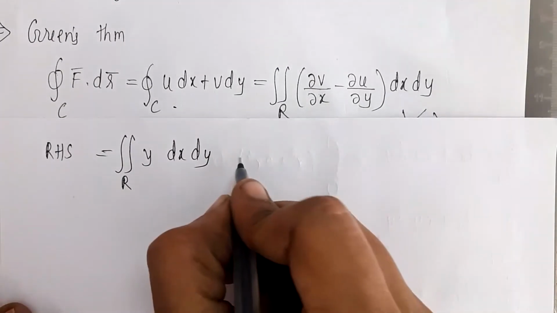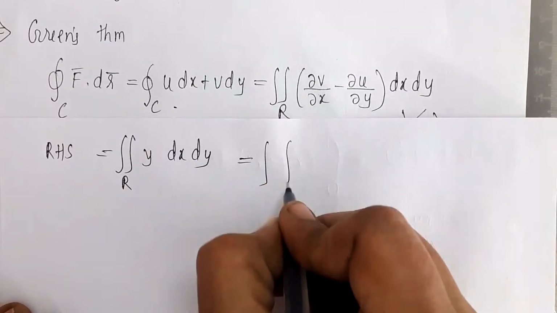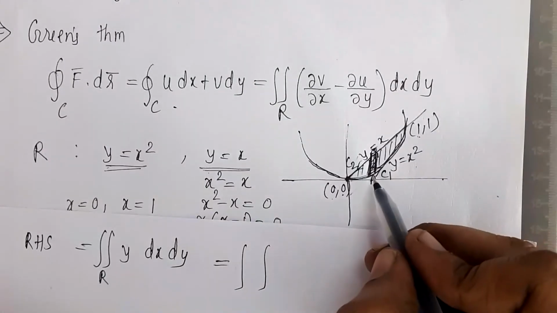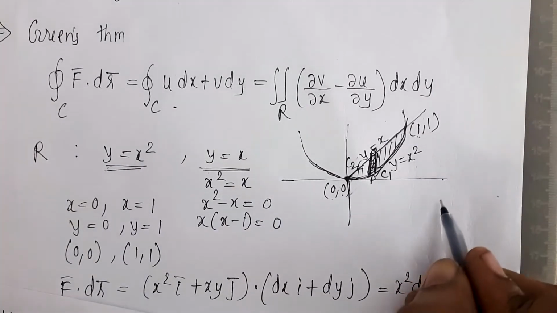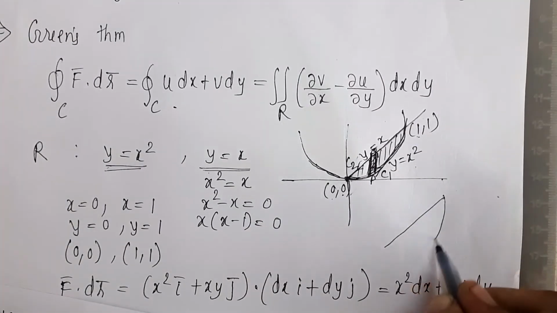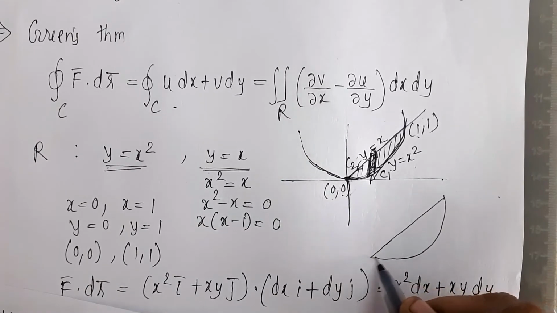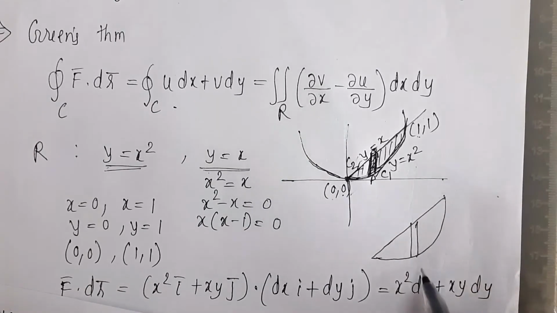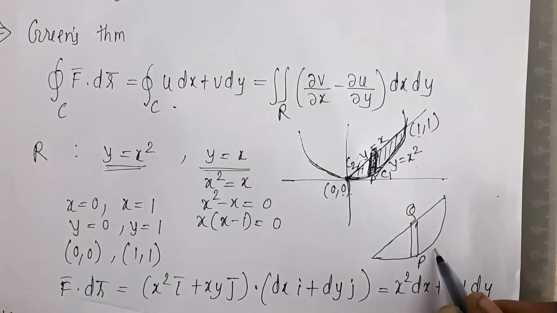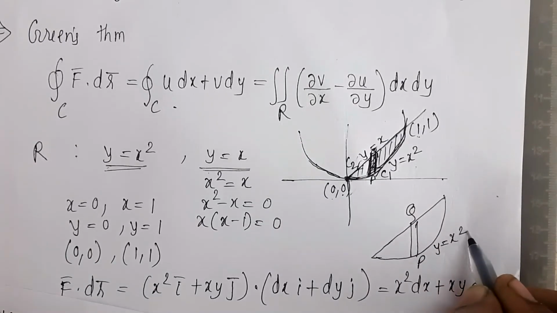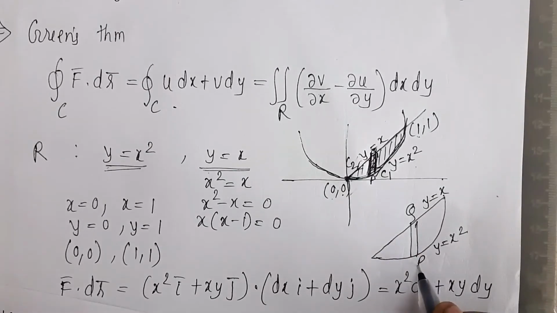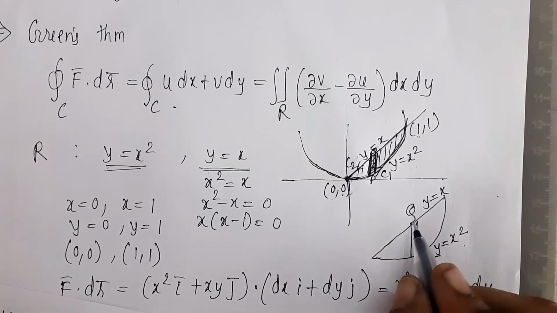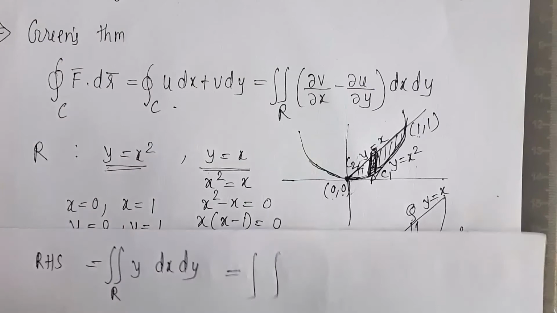Now what are the limits for x and y? The y limits are, for point P, here I am drawing that figure separately. This is our strip P and Q. y is equal to x square to y is equal to x. Now at point P, what is y? y is x square, and at point Q, y is equal to x.